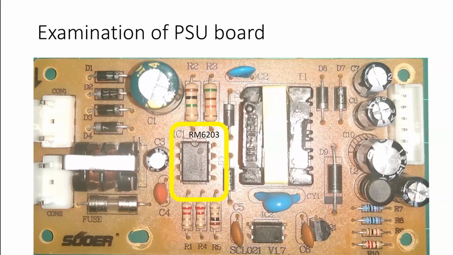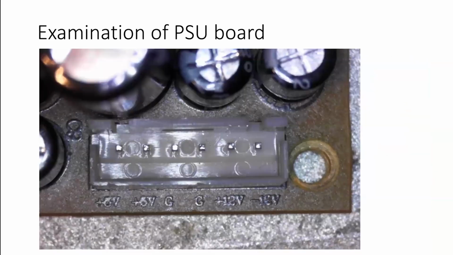And just for reference, the voltages that are supposed to come out of this on that socket there are plus 5 volts and plus 5 volts and 2 grounds and plus 12 volts and minus 12 volts from reading the silk screen.